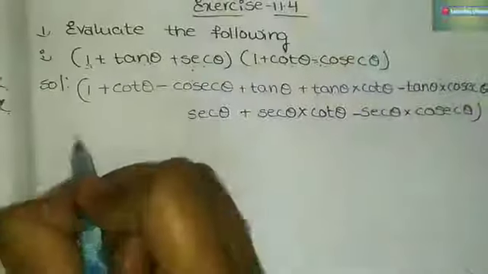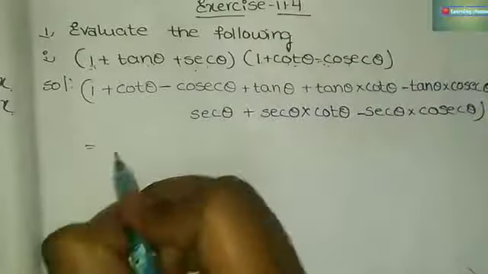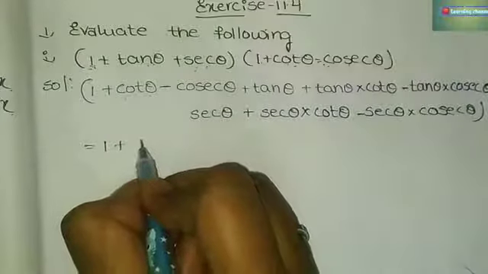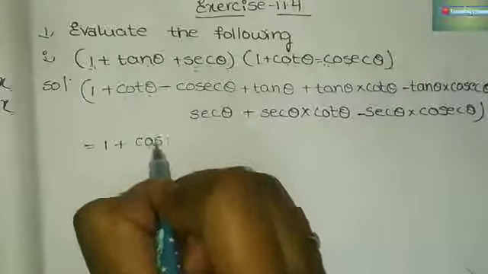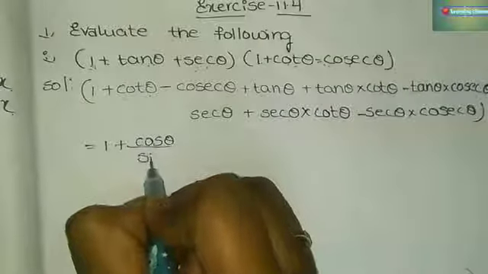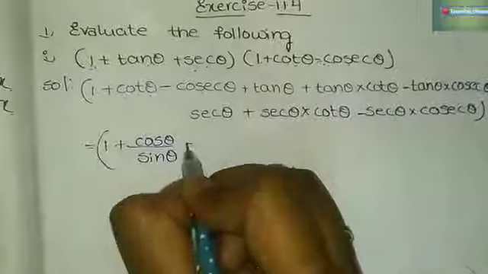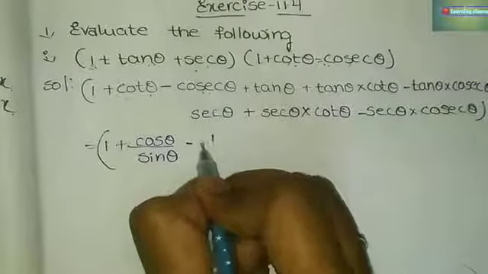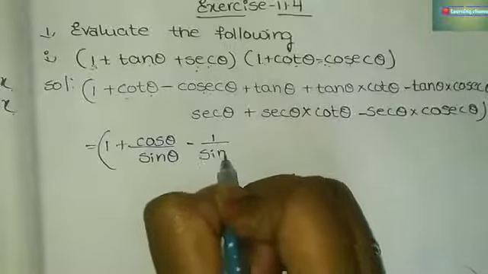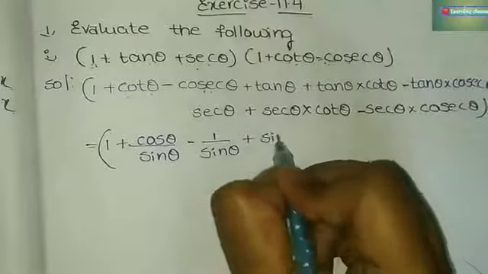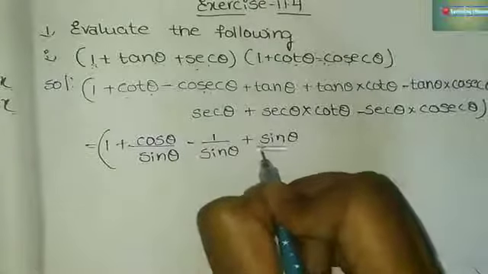Let us solve this. 1 plus, I can write cot theta as cos theta by sin theta, and cosecant theta is nothing but the inverse of sin theta, plus tan theta is sin theta by cos theta.